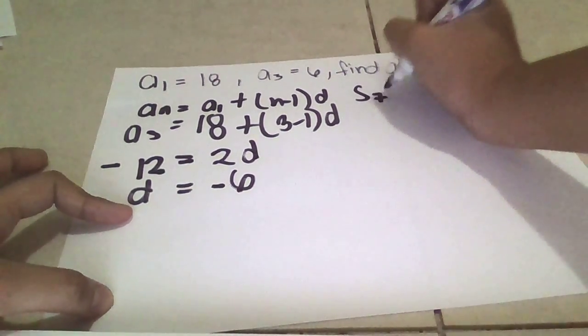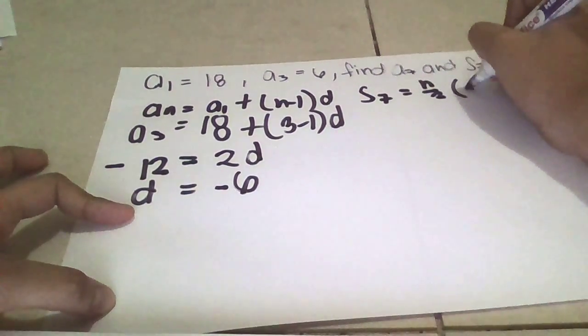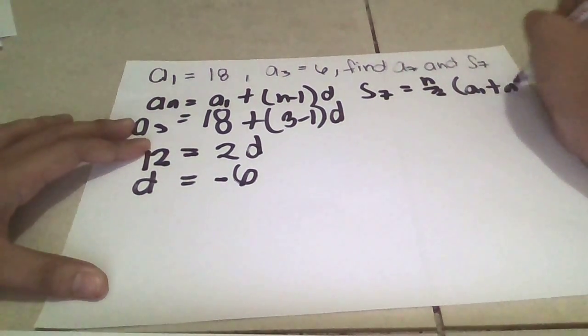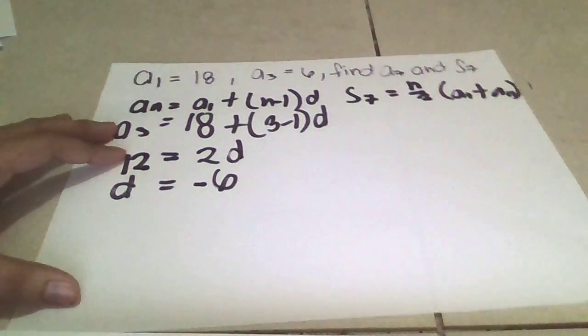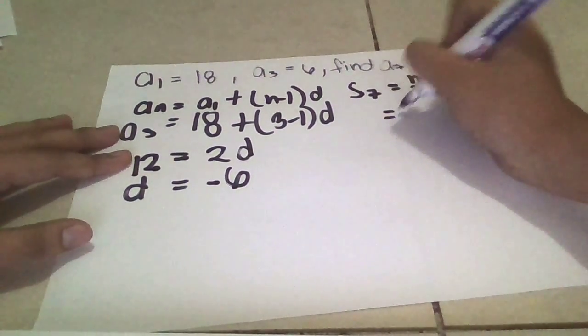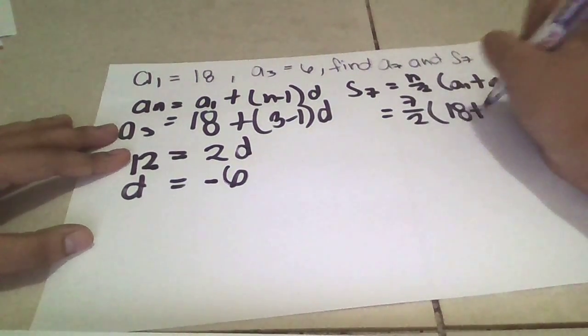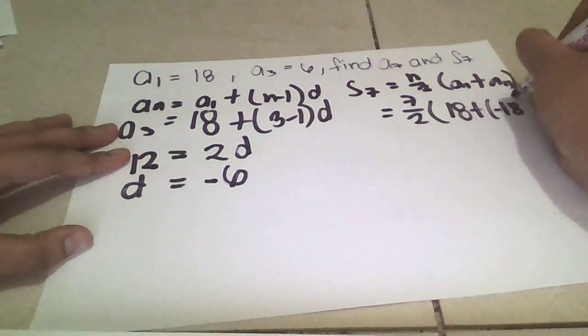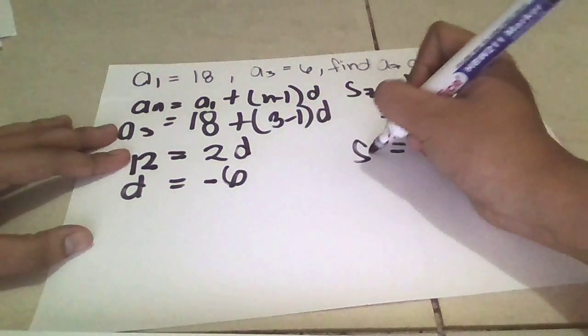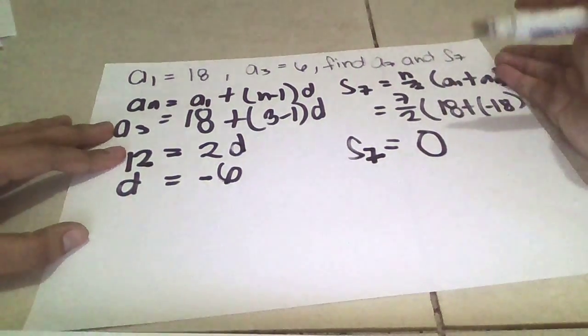S sub 7 is equal to n over 2 times a sub 1 plus a sub n. 7 over 2 times 18 plus negative 18. So the sum of the arithmetic sequence is 0.